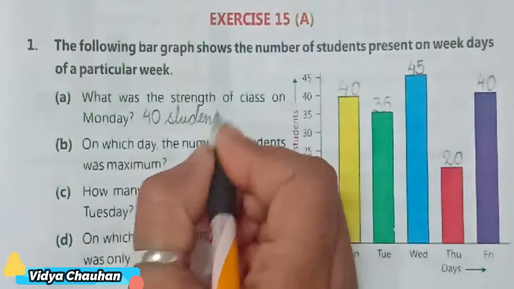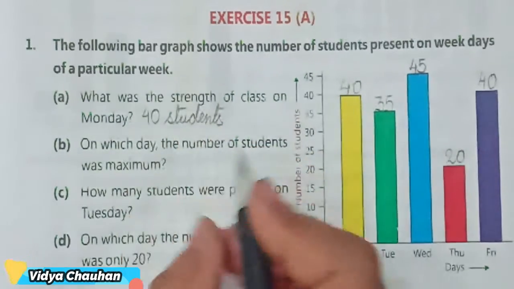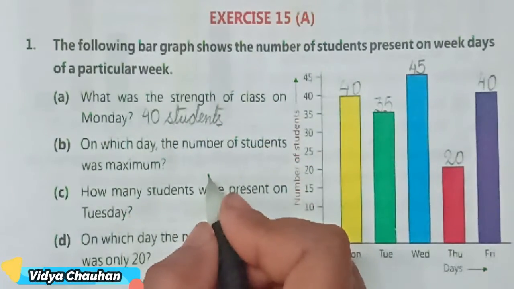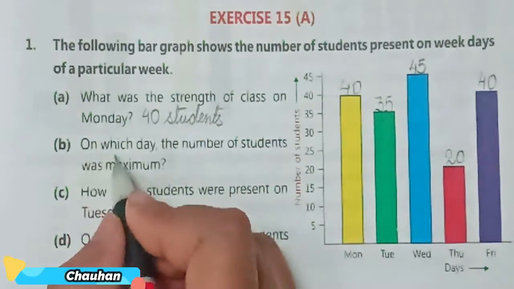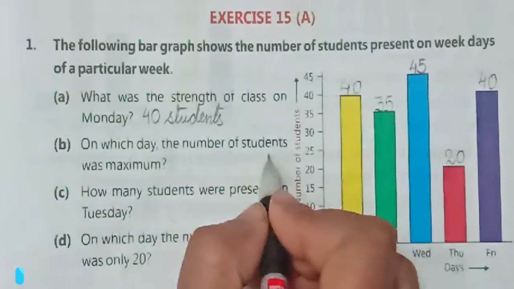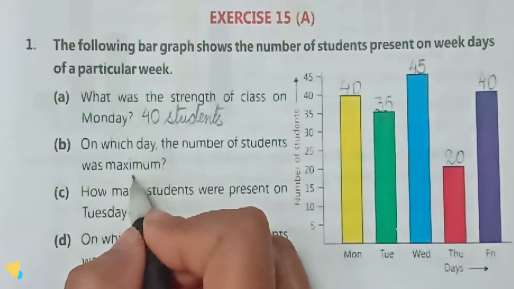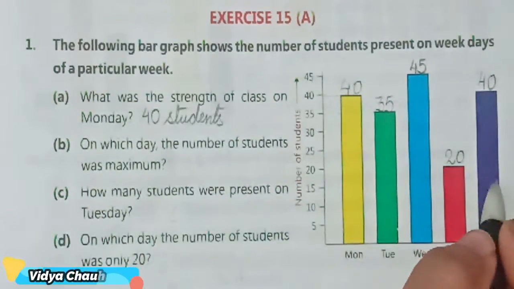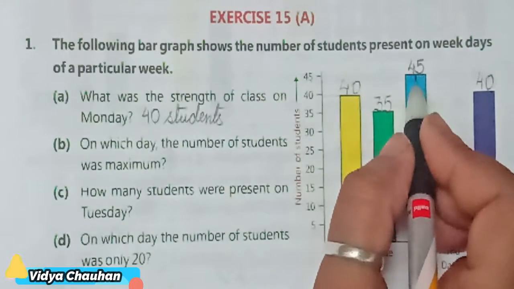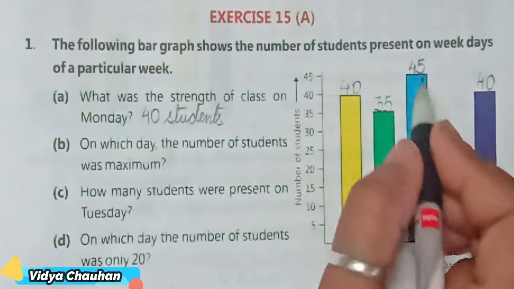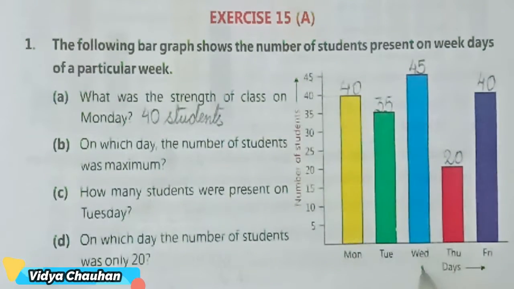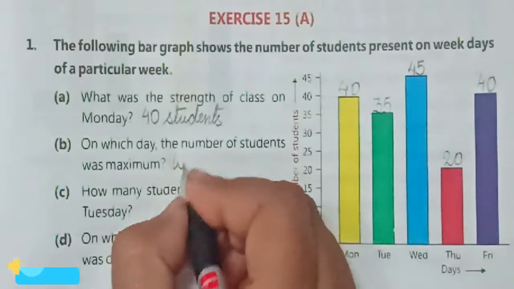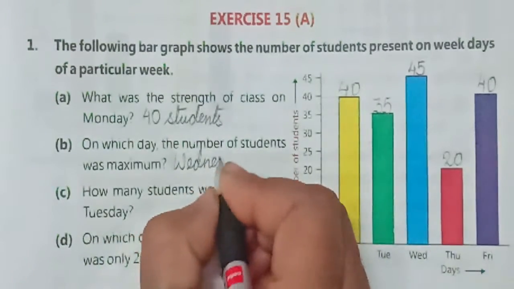Clear students? Coming to the second part, on which day was the number of students maximum? Out of these 5 days, which day has the maximum? Yes, it is 45, and it is of which day? It is Wednesday. So your correct answer is Wednesday.